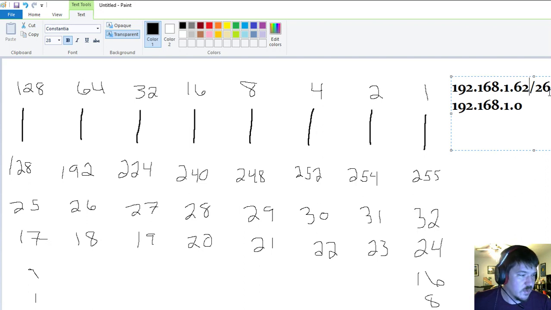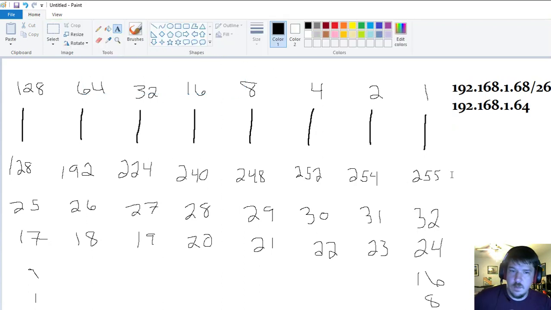So if it's 62, we're just going to round down. Now, if it's 64, obviously that's the name of it. But if they give you like 68, the network ID is going to be 64. Because remember, 26 means this is our interesting bit. So we're going to move by 64s.